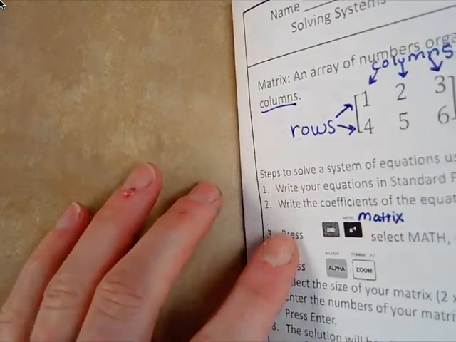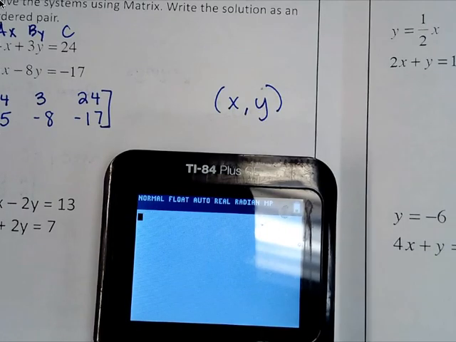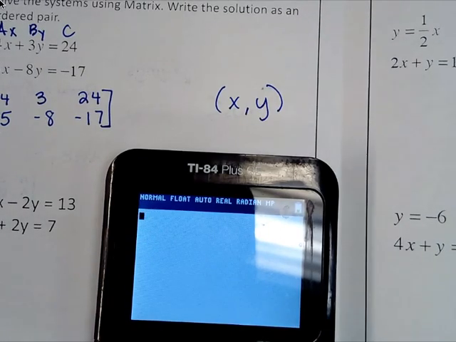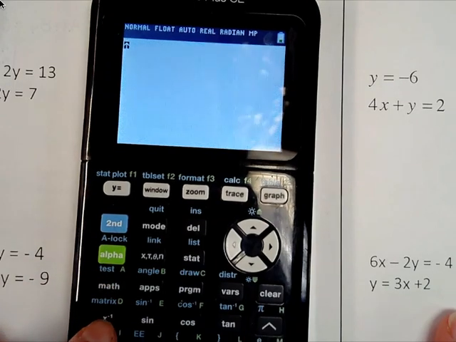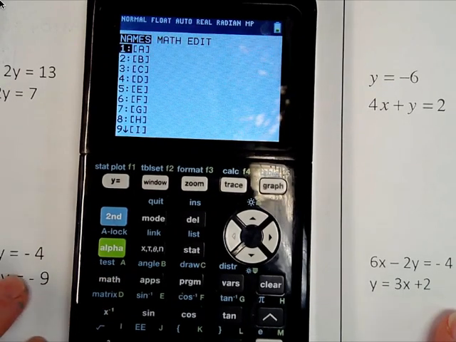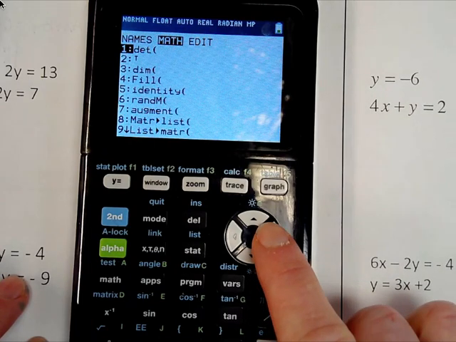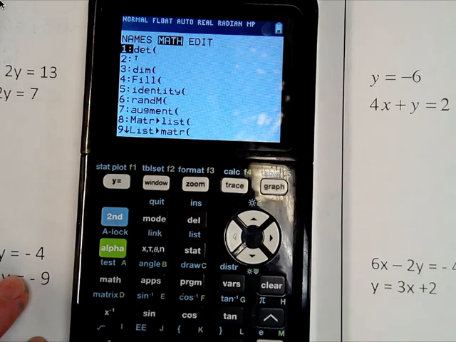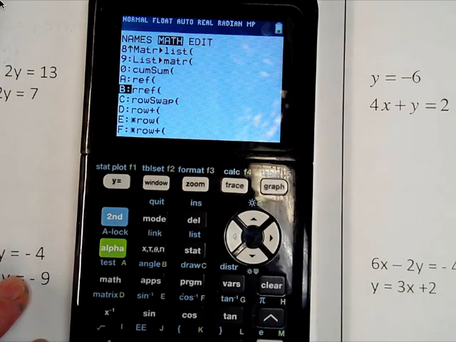So look back over here. It says second matrix. If you want to follow along with me, I'll go slow. Second matrix. Over to math. You can go down to RREF, or you can actually go up to get to it quicker.